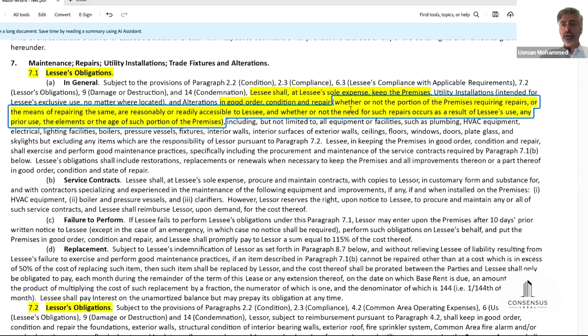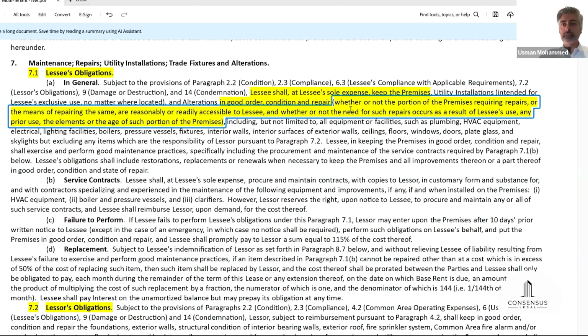So an example here would be a lighting fixture. Let's say this building is only 10 years old, but lessee is 1 year into its lease, and a lighting fixture is no longer working.